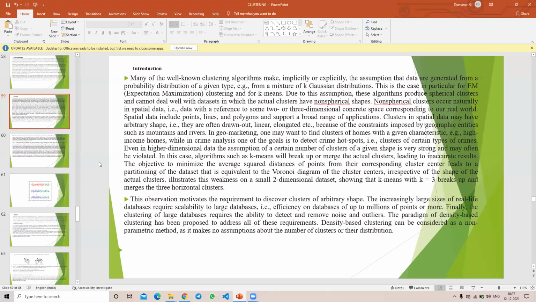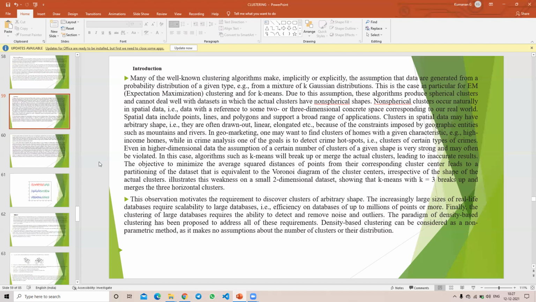Even in higher dimensional data, the assumption of a certain number of clusters of a given shape is very strong and may often be violated. In this case, algorithms such as K-means break up or merge the actual clusters, leading to inaccurate results.